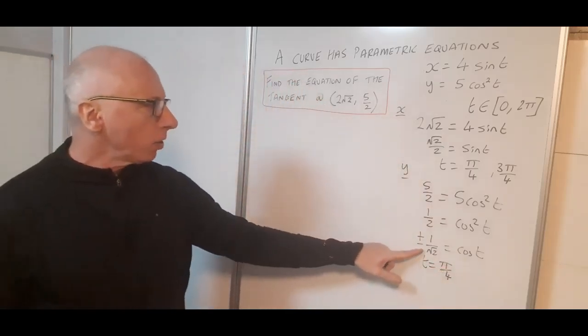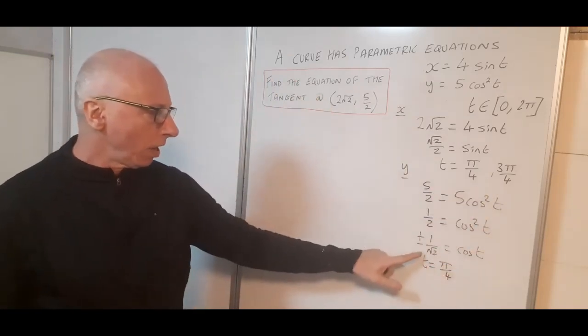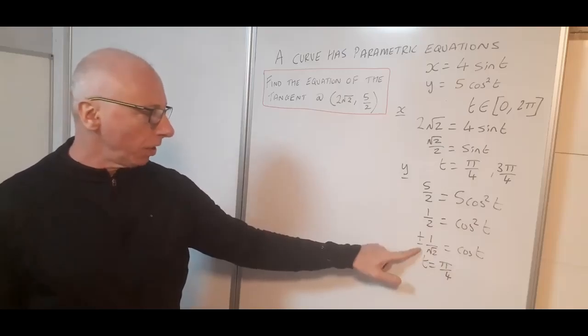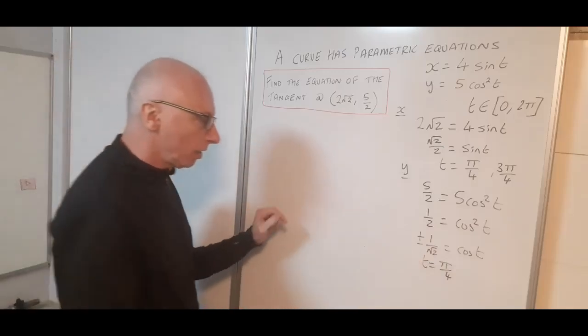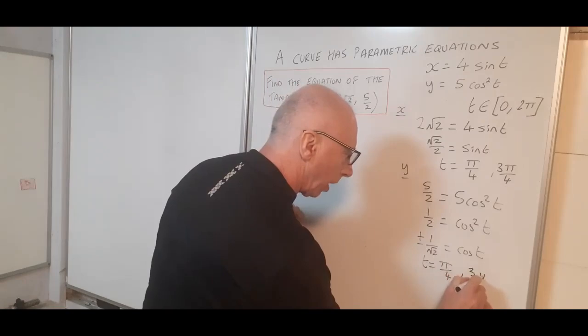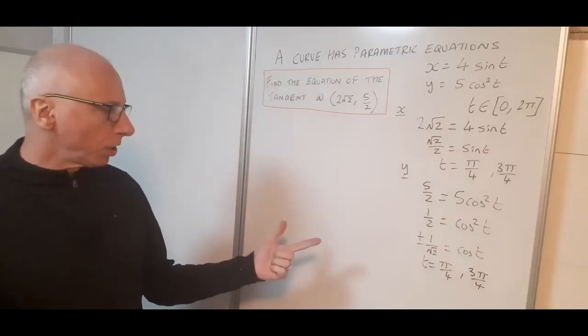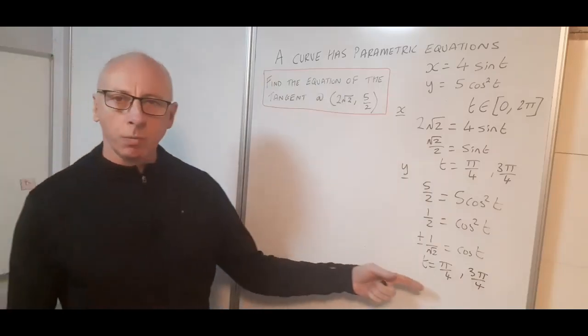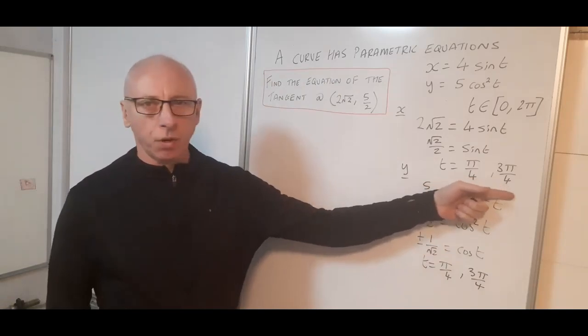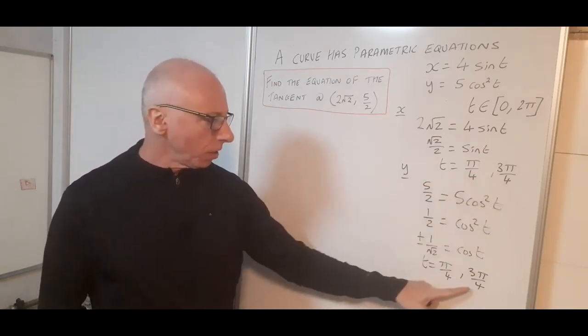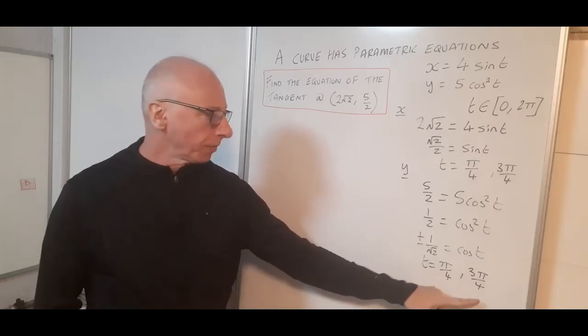And if I also have 3 pi over 4, that will correspond to the minus 1 over root 2. So that would also give me 3 pi over 4. And there would also be 2 other solutions, which I won't need to worry about because they won't be at pi over 4 or 3 pi over 4. So these are the only 2 that I'm interested in.